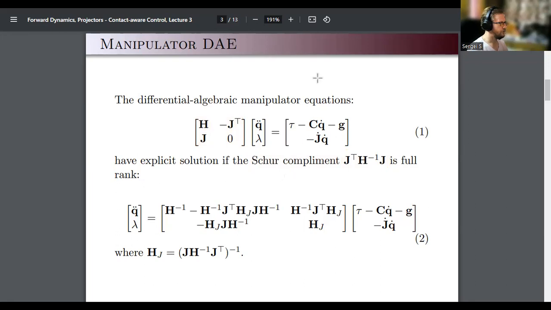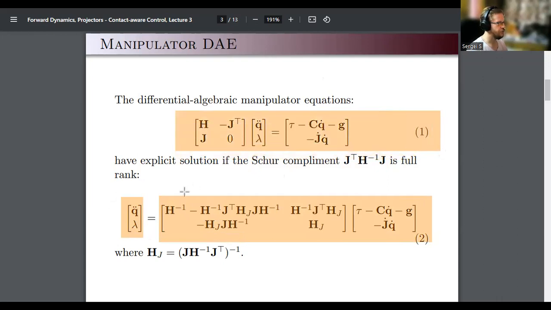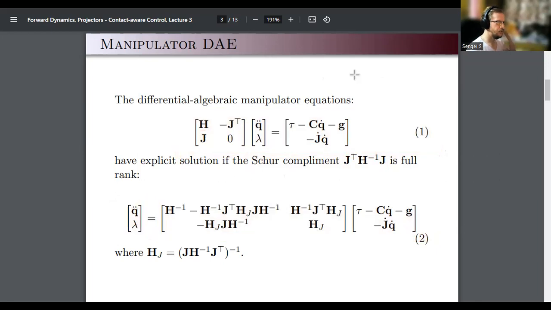Now, we have this analytical expression here that describes the solution to this equation. So the equation is here, the solution is here. Let's look at it a little bit. I'm not going to spend too much time on it right now. Here we have H inverse minus this matrix where you have H inverse on both sides.